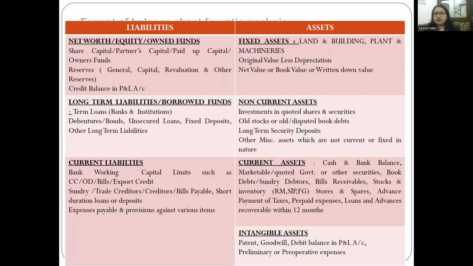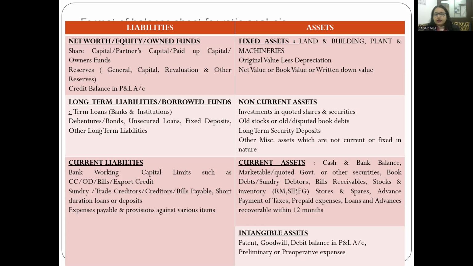Liabilities and assets. Net worth includes equity, owned funds, share capital, partner capital, paid up capital, owner's capital, reserves, and the credit balance of the profit and loss account. Fixed assets are land, building, plant, and machinery, at original value less depreciation, called net value, book value, or written down value.